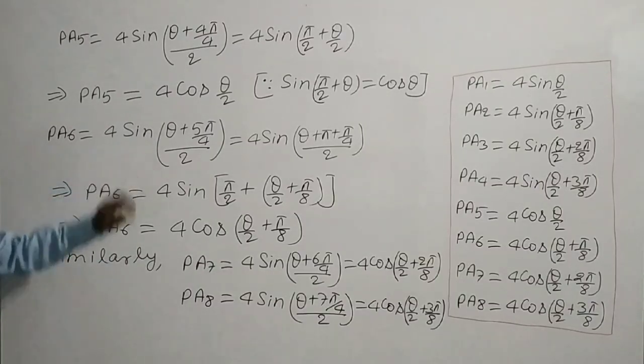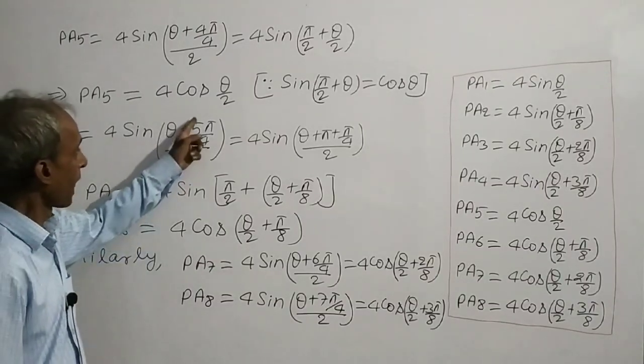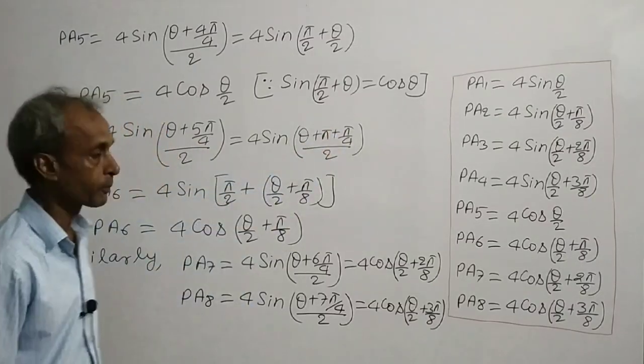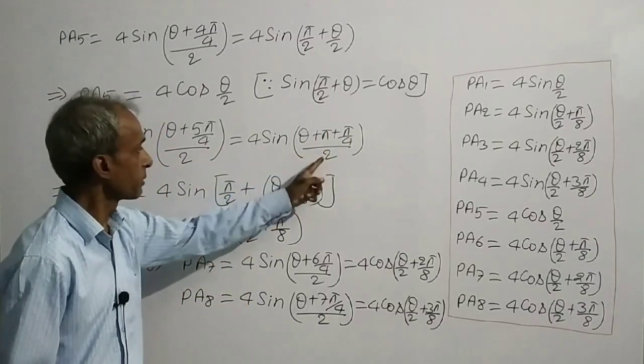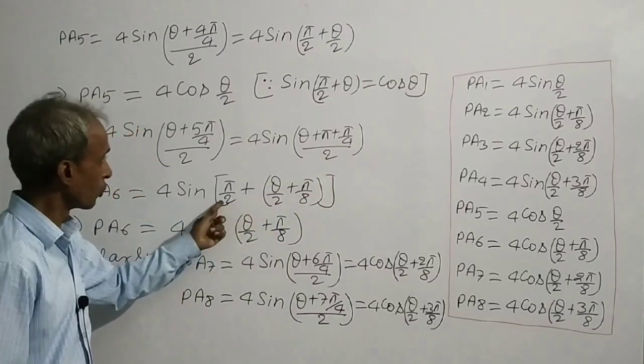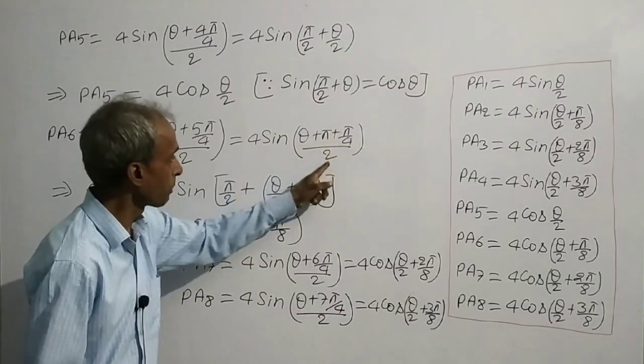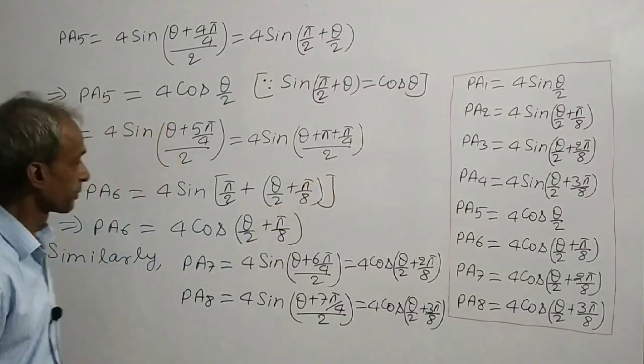PA6 is equal to this. 5 pi by 4 can be written as pi plus pi by 4. Now this is pi by 2, theta by 2, pi by 4 by 2, pi by 8.